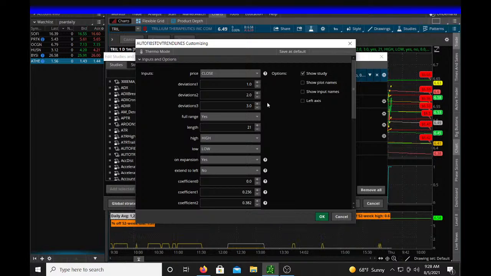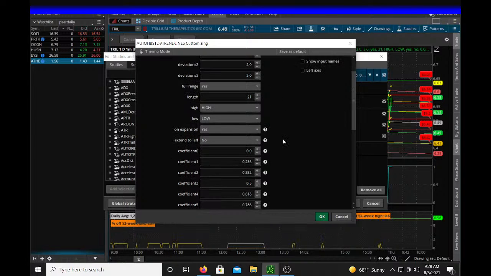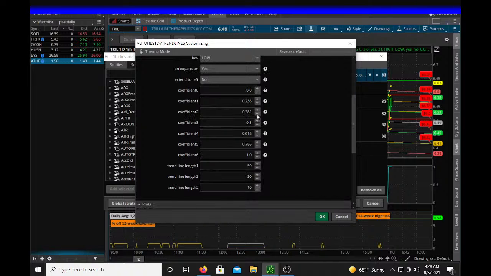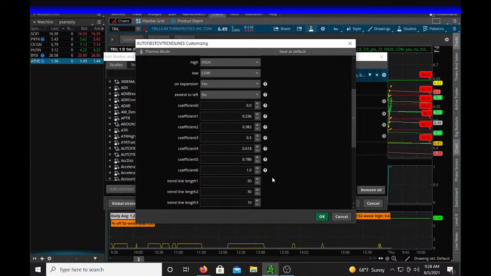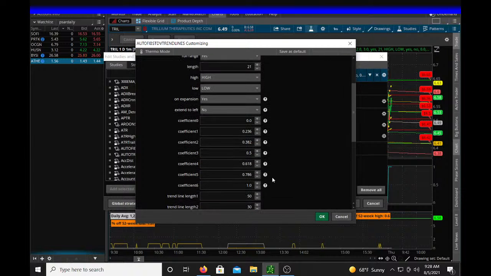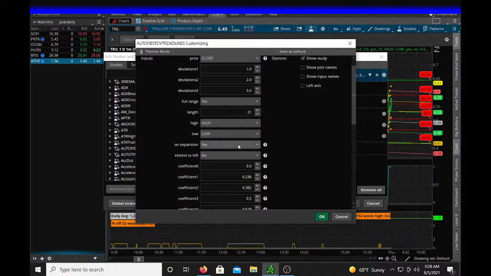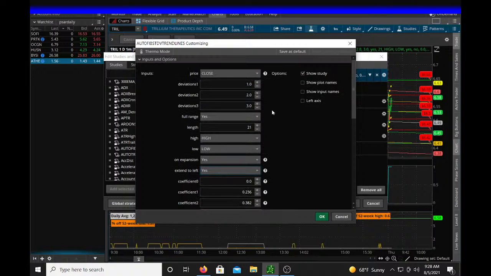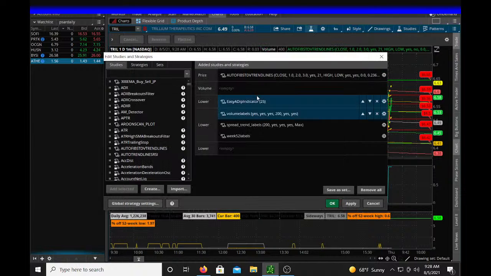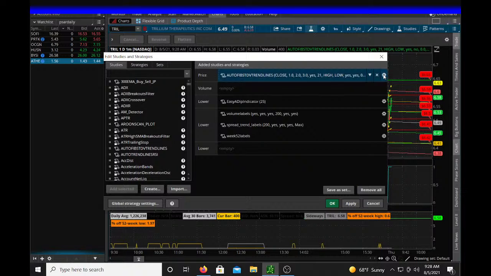So we've got 3 deviations here, and then we've got quite a few more, and some trend lines here. Okay. So we can extend to the left, and we would like to do that. We want to see our full range, so we'll hit OK. And then we can come in.